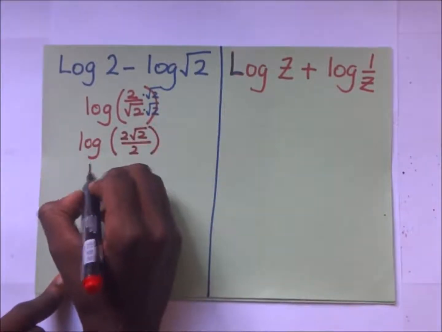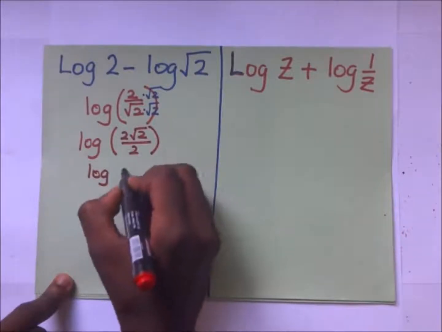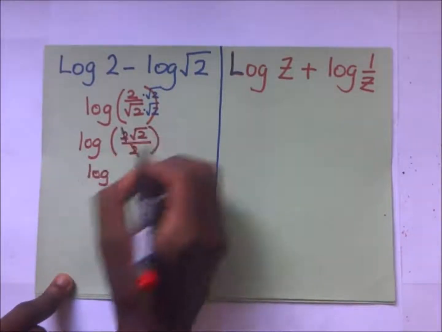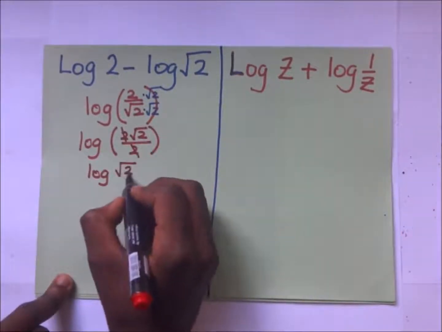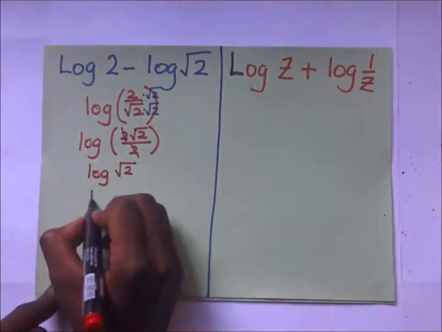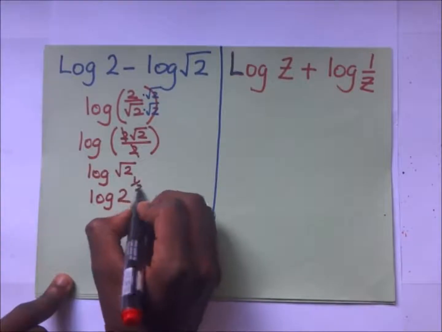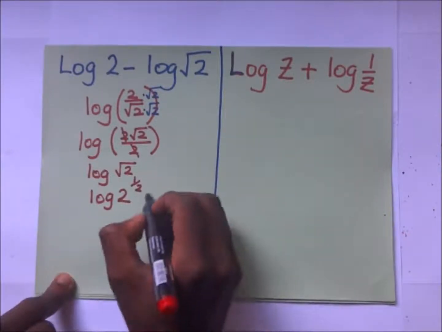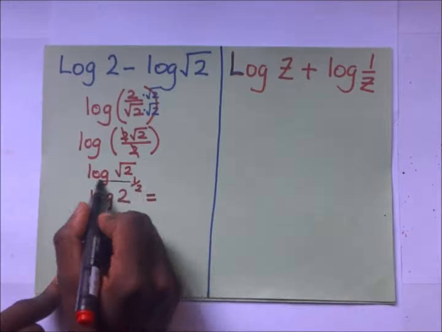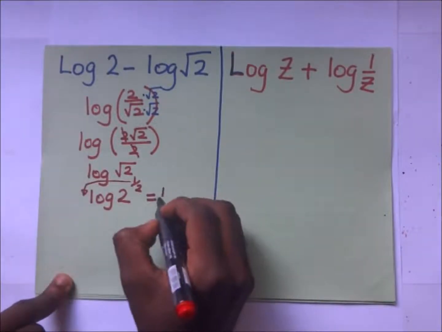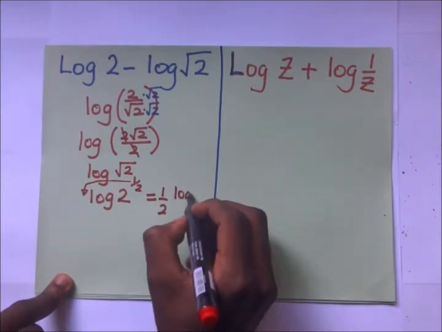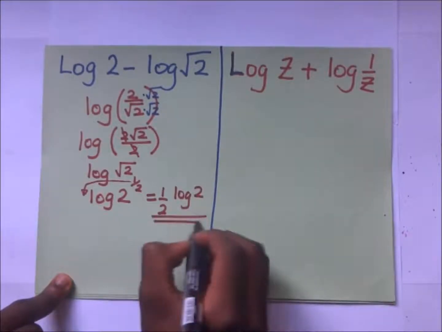So this 2 and that 2 cancel, and we remain with the log of root 2, which is the same as the logarithm of 2 to the power a half. And the logarithm of 2 to the power half, when this half comes right there, is the same as a half log of 2. And that's the answer.